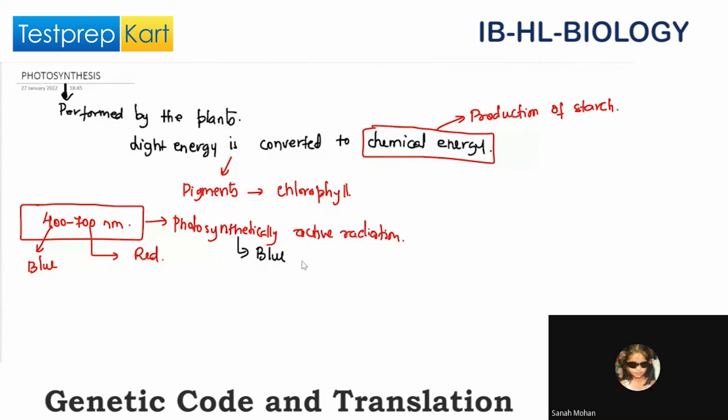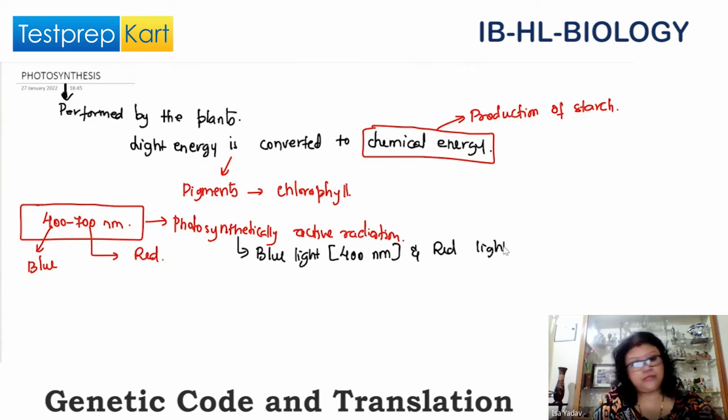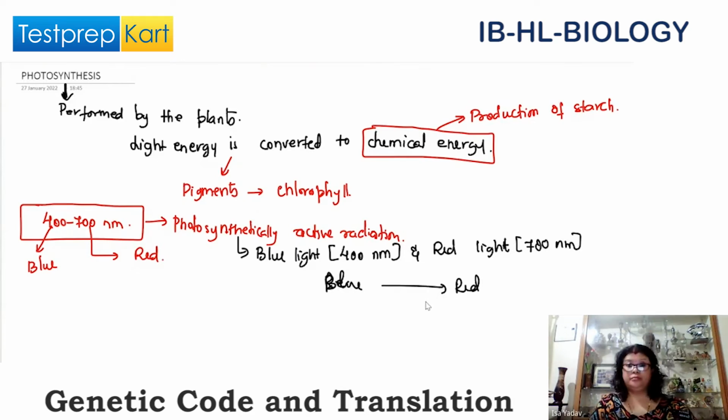So in blue light, that is 400 nanometer, and red light, which is 700 nanometer. In blue and red light, what happened?